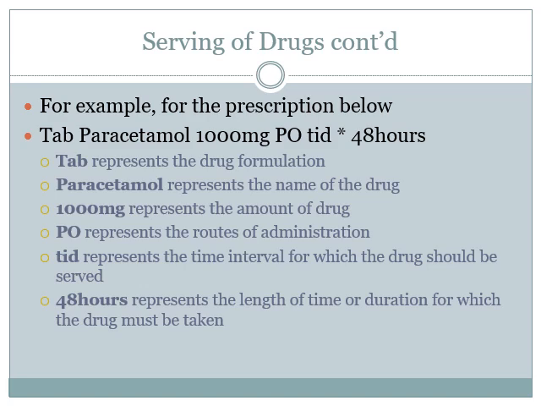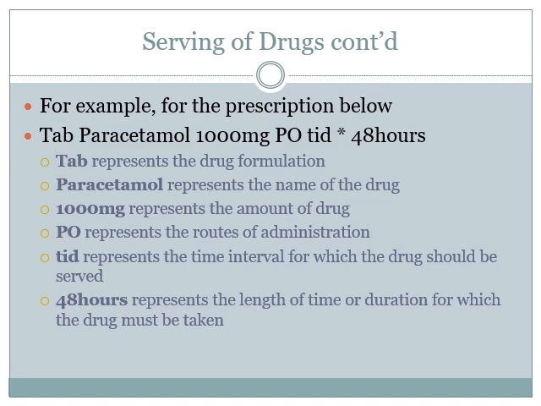TID means 3 times daily. And 48 hours means 2 days. All these are found in the abbreviation table that came first, and it is also in your manual.